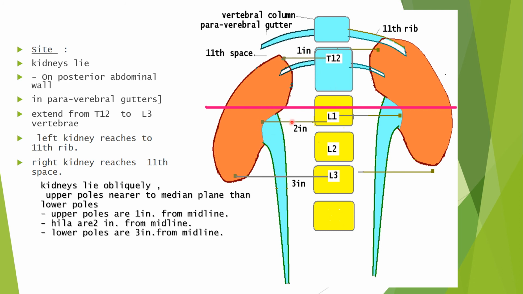The hilum is about 2 inches away from the median plane, while the lower poles are 3 inches away.